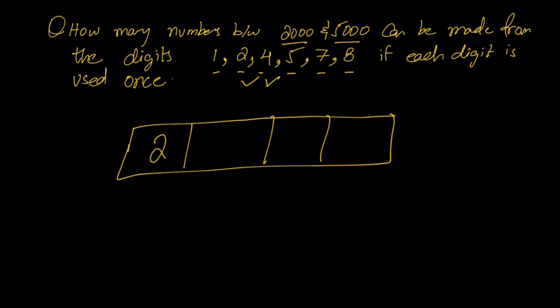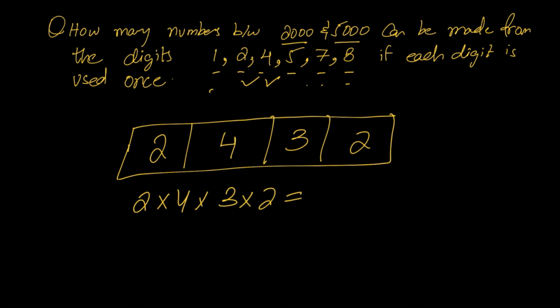Now we are left with 4 digits, so any of the 4 can go in the second place. Now the remaining 3 can go in this one and the remaining 2 in this one. So basically we have a total of 48 possible numbers between 2000 and 5000.